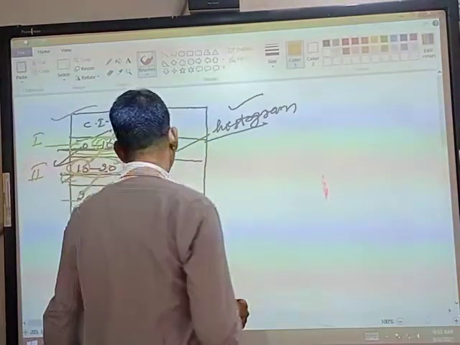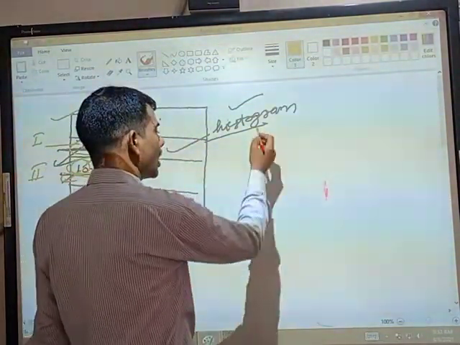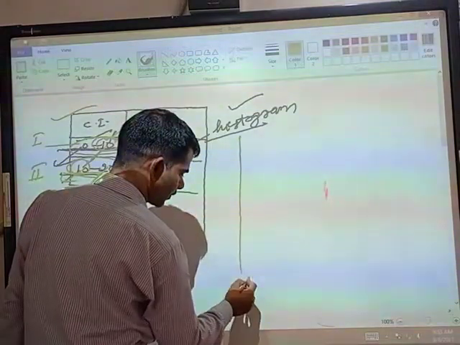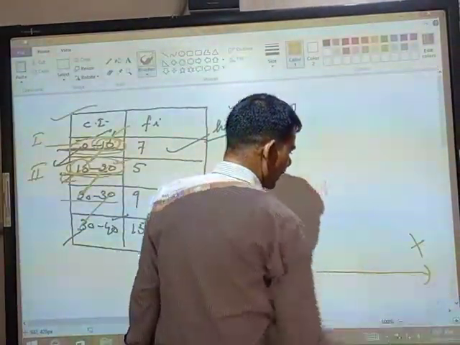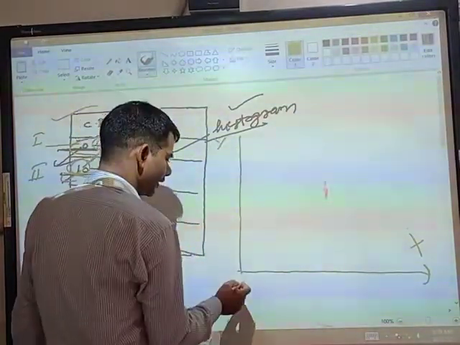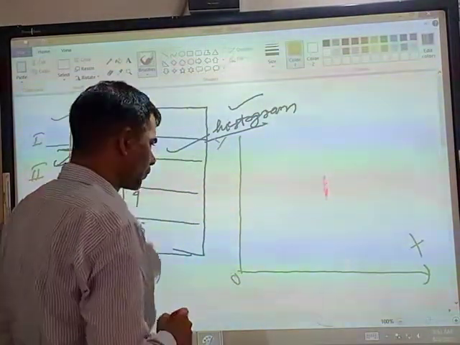Now, how can you draw the histogram? That is your x, that is your y. So we will take another marker.